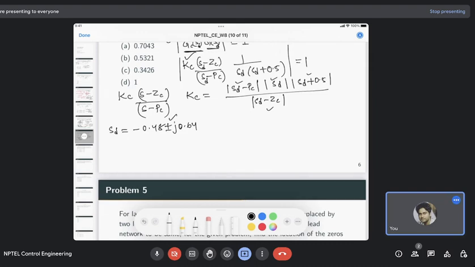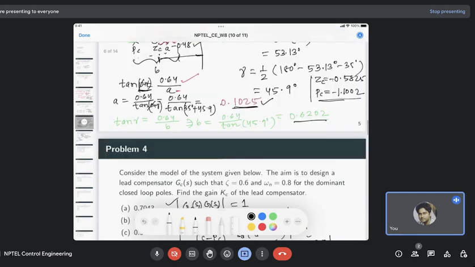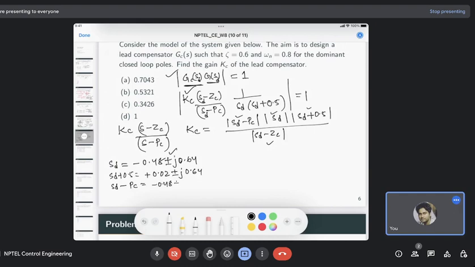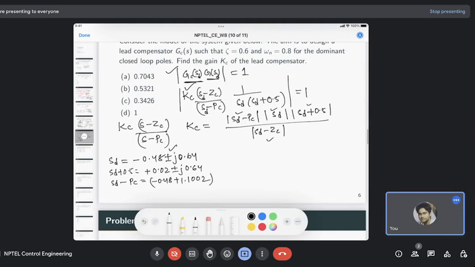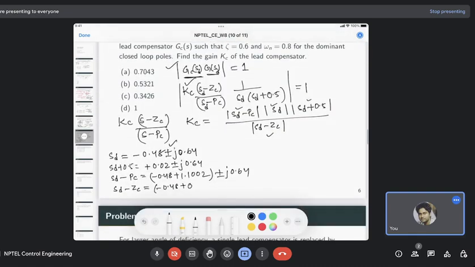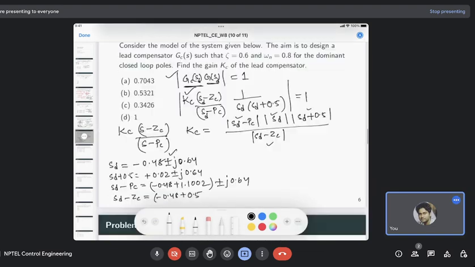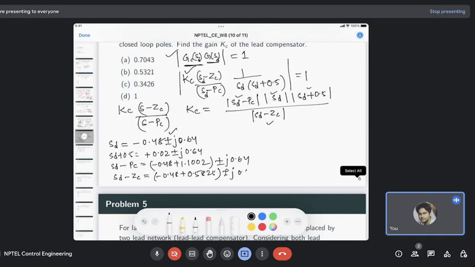Then sd plus 0.5 will be minus 0.02 plus minus j0.64. sd minus Pc will be, because of where it is located, minus 0.48 plus 1.1002, the real part, and the imaginary part will be the same in each case. And sd minus Zc is minus 0.48 plus 0.5825 plus minus j0.64. We substitute all that in, and the magnitude is the square root of real part square plus imaginary part square.